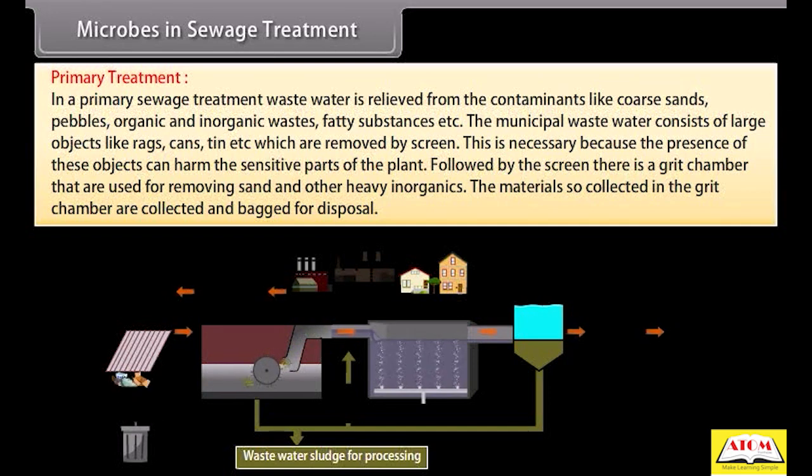This is necessary because the presence of these objects can harm the sensitive parts of the plant. Followed by the screen, there is a grit chamber that is used for removing sand and other heavy inorganics. The materials collected in the grit chamber are bagged for disposal.